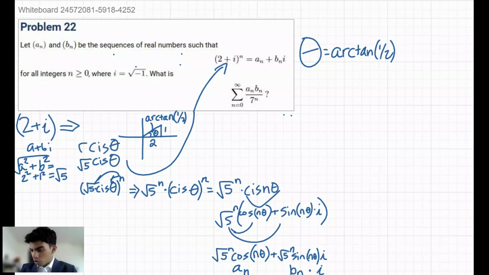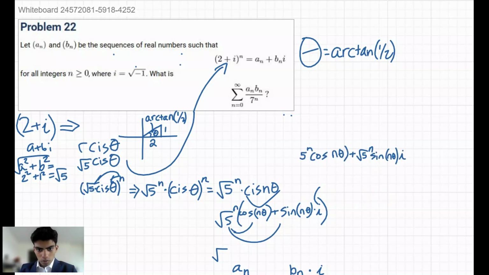I'm crossing out the i since it's b sub n times i.